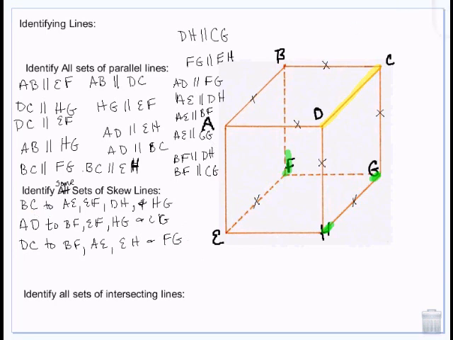So intersecting, if I look at AD, AD intersects with DH, AE, AB, and DC. Now, intersecting lines are going to have one of these two letters in them because these are the points at the end of that side of the box, right?